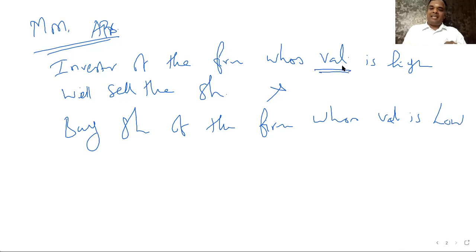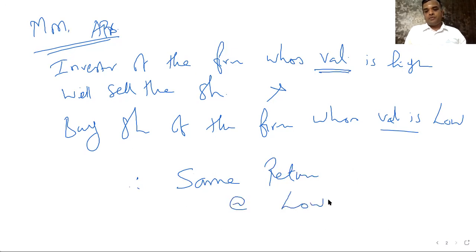High value firms' shares we are going to sell, and low value firms' shares we are going to buy. And they will be able to earn the same return at a lower outlay. Our cash outflow will be less, nothing but investment will be less, but we can get the same return. That particular concept is called what? Arbitrage.